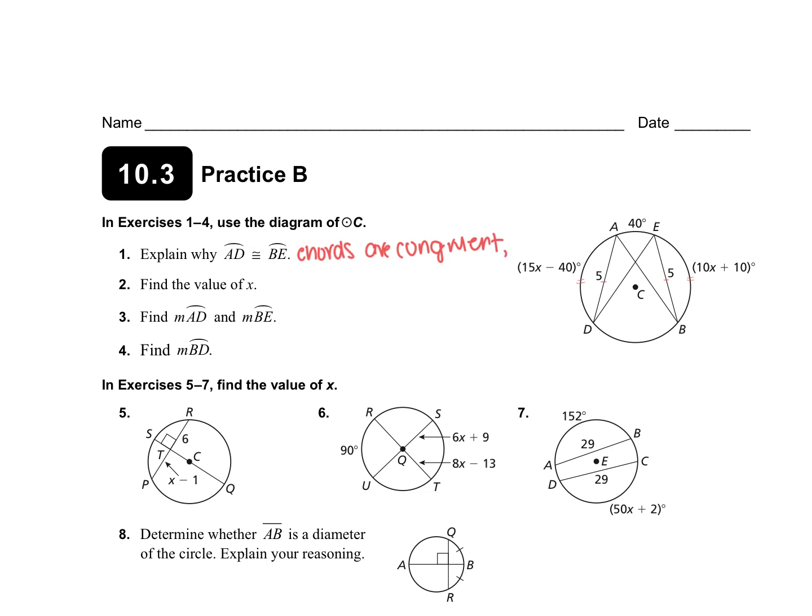If my chords are congruent, then the corresponding arcs are congruent. Okay, so that's the answer for that one. If your chords are congruent, so here are my chords, 5 and 5, then that means the corresponding arcs are congruent.